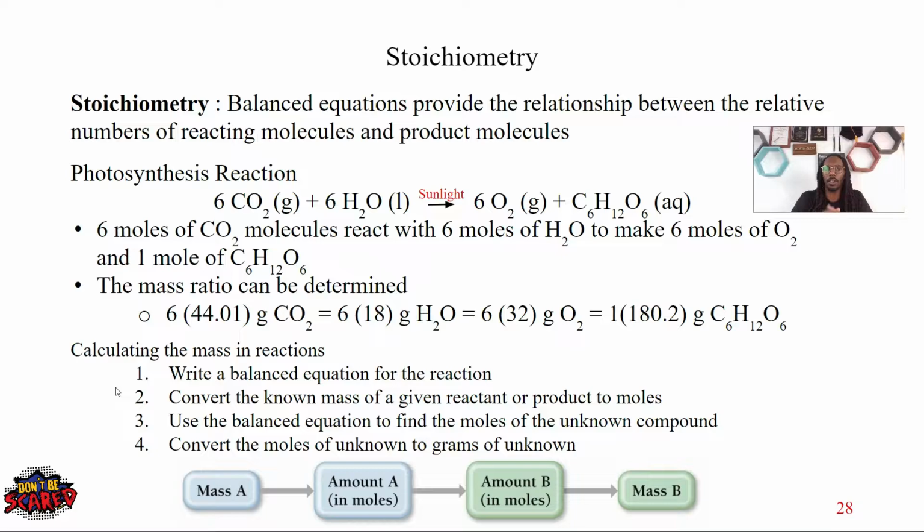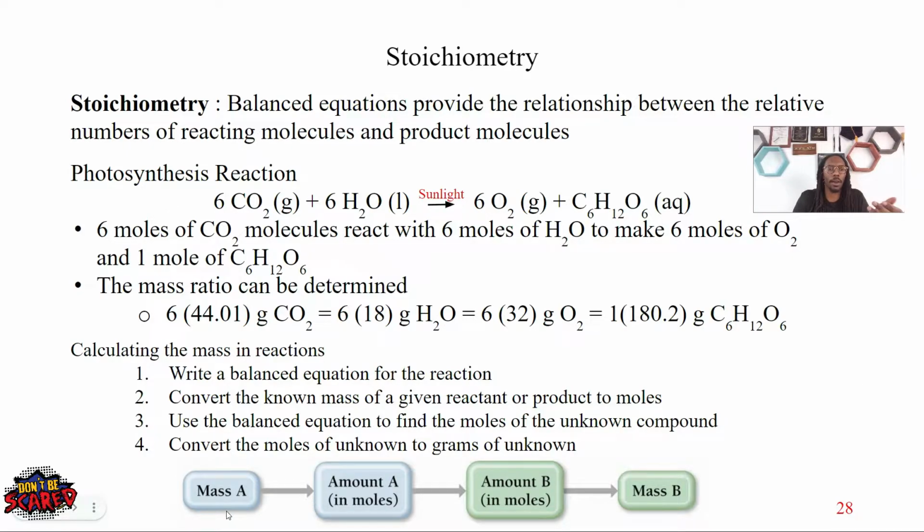Third, once you have this balanced equation, this is where we use that mole to mole ratio step to help me find the moles of whatever I'm searching for. Fourth, then we're going to convert our moles of the unknown to grams or whatever we're looking for.